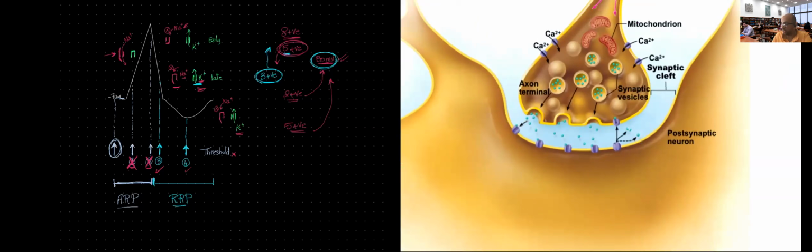So what happens here at the chemical synapse? I'm receiving an electrical signal, a depolarization signal, propagating along the axon. Remember, it will reach the terminal boutons or terminal lobes in the terminal ends of the axon.